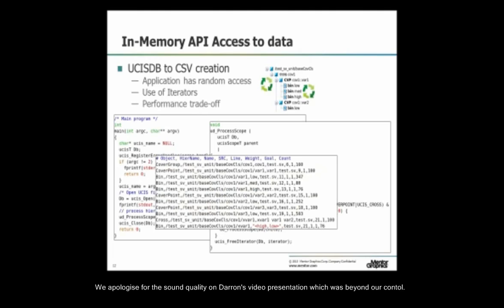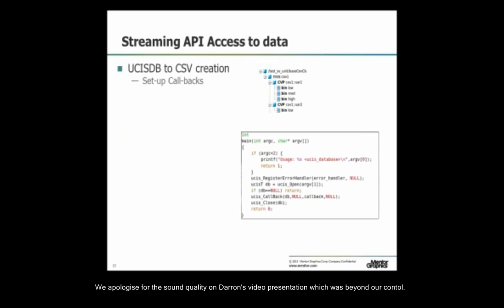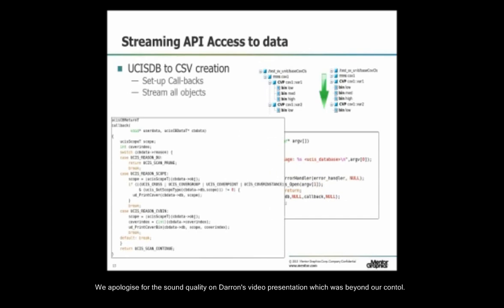So this uses iterators, and obviously there's a performance payoff because all of the database gets loaded into memory and you've got random access to it. The streaming mode, however, works off of setting up callbacks. We've got the same example here, but this time we open the database, we set up a callback on the database, and then each of the objects are streamed through in the interface to the database, so we're not iterating across them anymore, we're just streaming through everything.